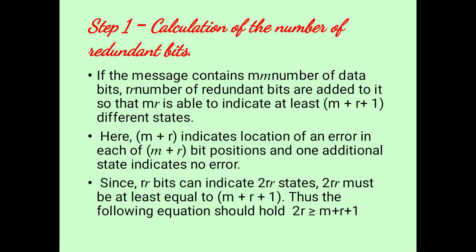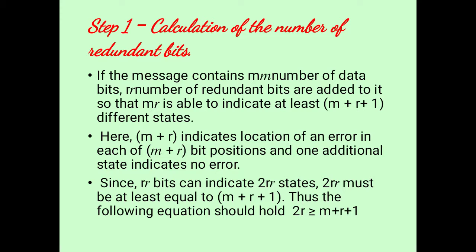Now we will see what is done in step 1, the calculation of the number of redundant bits. If the message contains m data bits and r redundant bits, they are added to the message so that m plus r is able to indicate at least m plus r plus 1 different states. I will tell you how this is possible while considering an example.